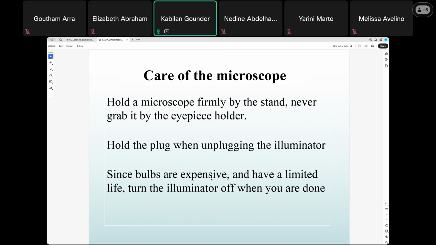With any microscope, when you're working on it, you should at least turn off the lights and turn off the electricity connection, or unplug it, in case there is any power outage or anything that will affect the microscope. Also, most good quality microscopes have the light source built into the microscope, so we have to be very careful and turn off these bulbs because they are very expensive.